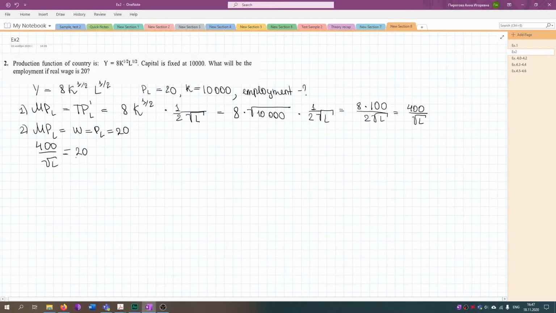And we now need to solve this equation for L. We just rewrite it and divide by 20 and get that 20 is equal to square root of L, and this means that L is equal to 400. And this is the answer for this task.